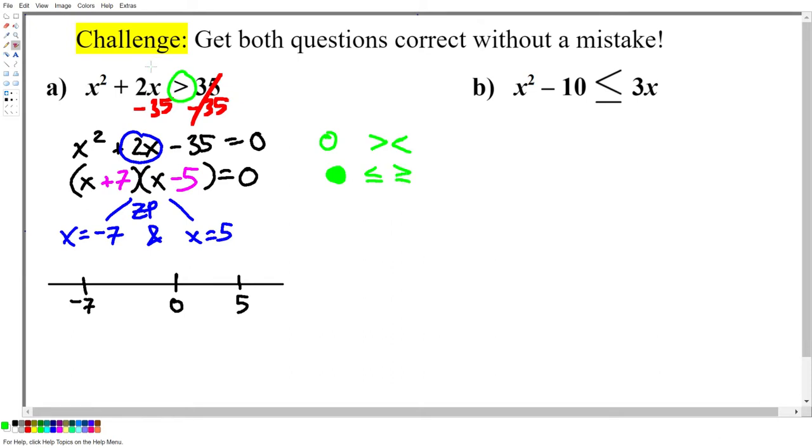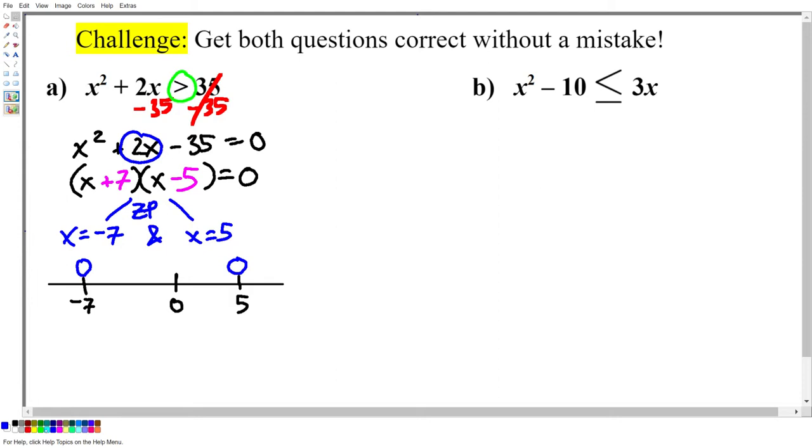So in this case, yeah, you should have put open circles for our boundary points. Okay, again, that's why this is a tough one. It's a challenge. Get both of these questions correct without a mistake. That is a very small and easy mistake to make. So open circles would be what our boundary points should include. All right, good job if you got that right.